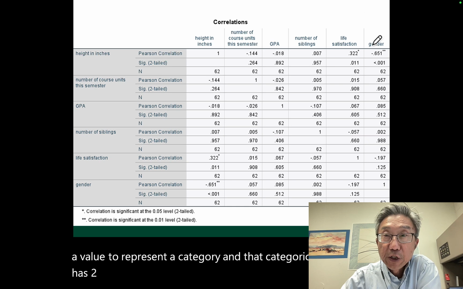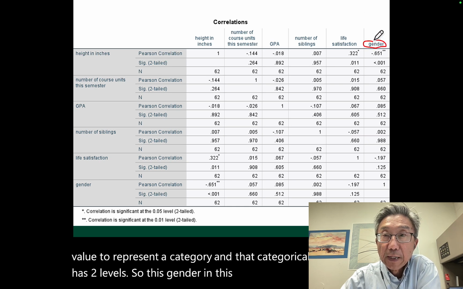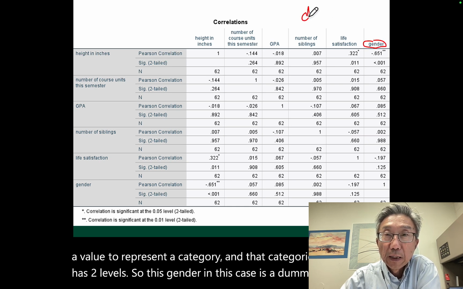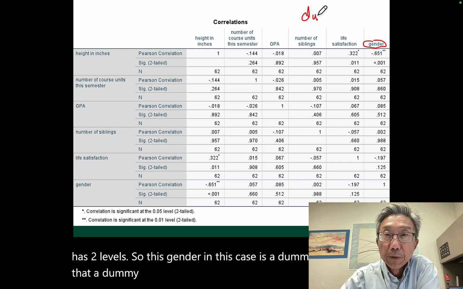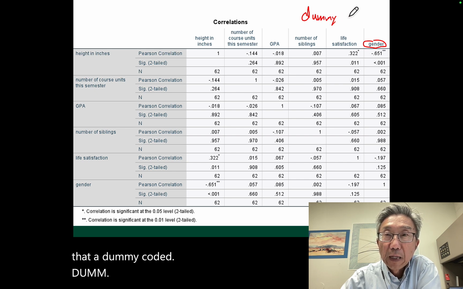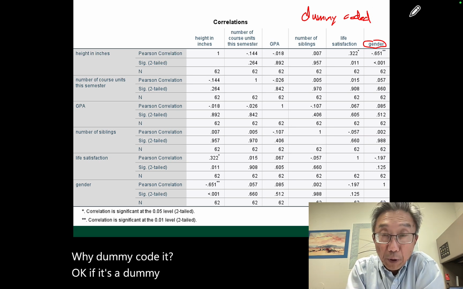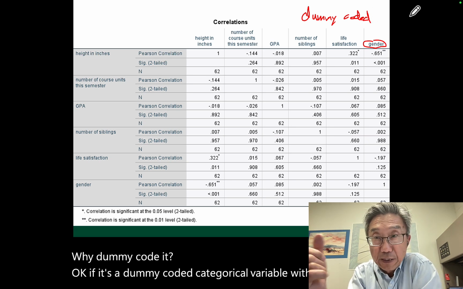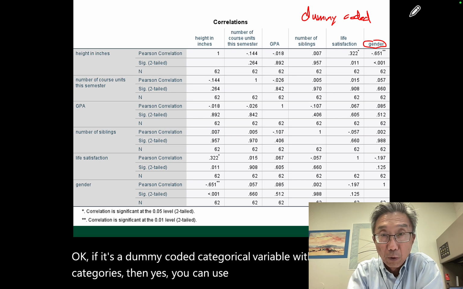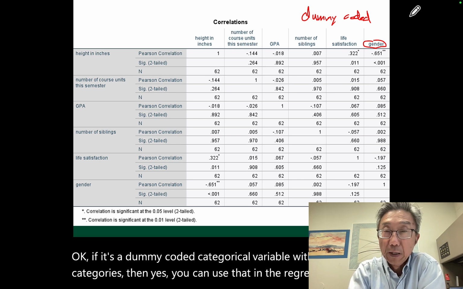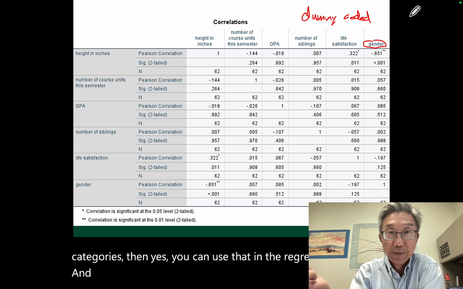So this gender in this case is dummy coded. If it's a dummy coded categorical variable with only 2 categories, then yes, you can use that in regression analysis and correlation analysis.